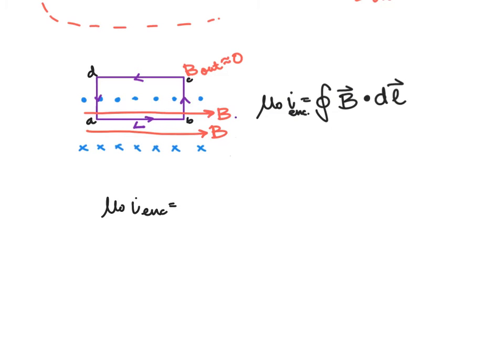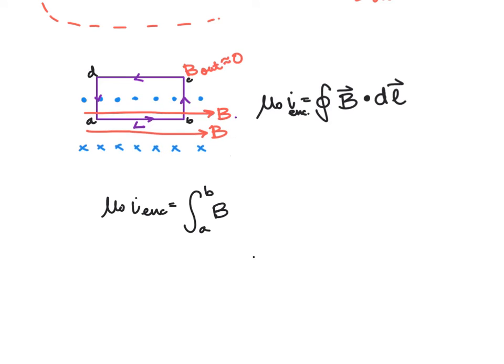So if mu naught I enclosed is equal to the closed line integral, then I can set it as piecewise. From A to B, the magnetic field here is parallel to L. And so the dot product of dL and B at that point will just be B dL cosine theta, because they're parallel with each other, and the angle between the magnetic field and that line segment there is 0, and the cosine of 0 is 1.